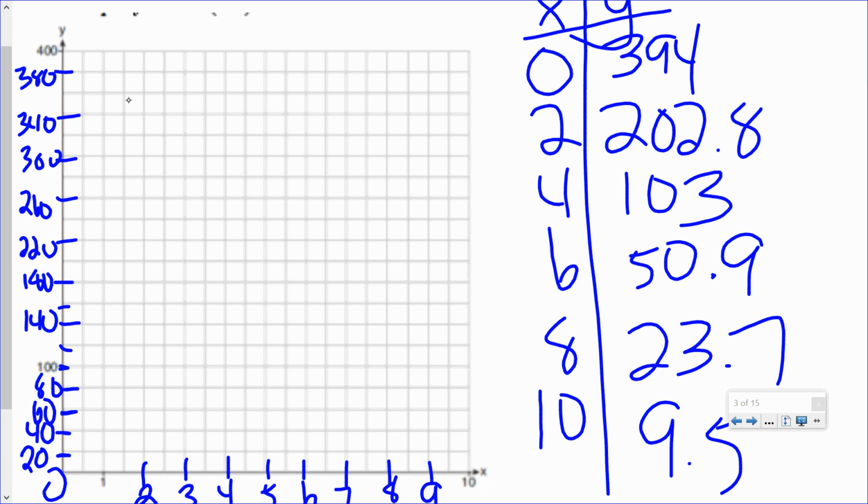So 0, 394. 394 is between 380 and 400, closer to 400. 2, 202.8 is going to be a little bit more than 200, so it's going to be somewhere there. 4, 103 is going to be a little bit more than 100. 6, 50.9 is going to be between 40 and 60. 8, 23.7 is a little bit more than 20. And 10, 9.5 is between 0 and 20.